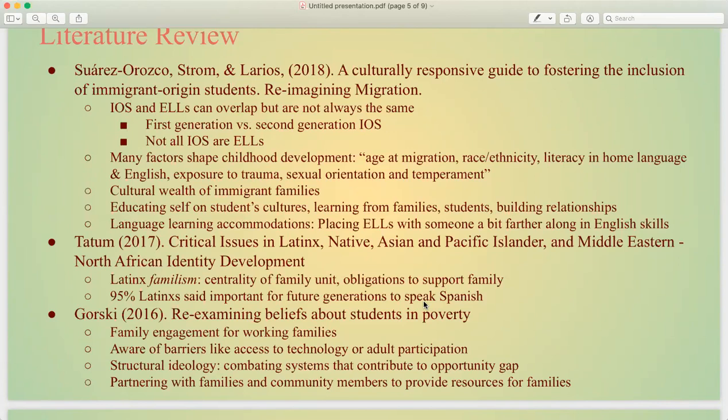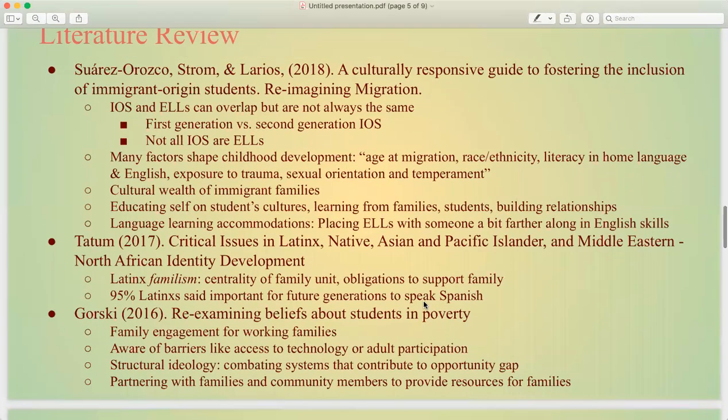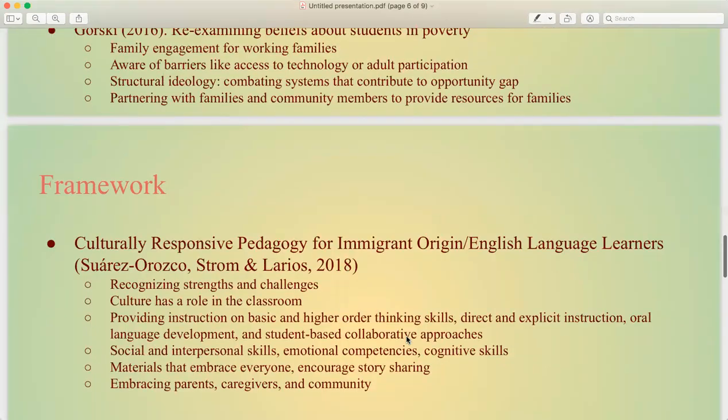And similarly to, I think, Latinx and immigrant origin students, just the educator's responsibility to take this structural ideology and really look at combating the systems that contribute to the opportunity gap, and not falling into that sort of deficit trap for our students. And lastly, partnering with families and communities to provide resources for families. Schools are a community institution, and they should be for the community and for the betterment of the families.